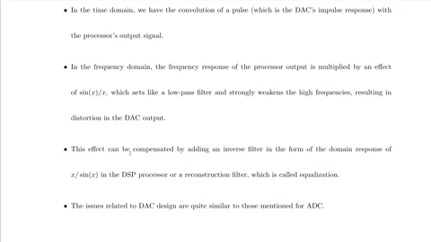This effect can be compensated by adding an inverse filter in the form of the frequency response of x over sine of x, in the DSP processor, or a reconstruction filter, which is called equalization.